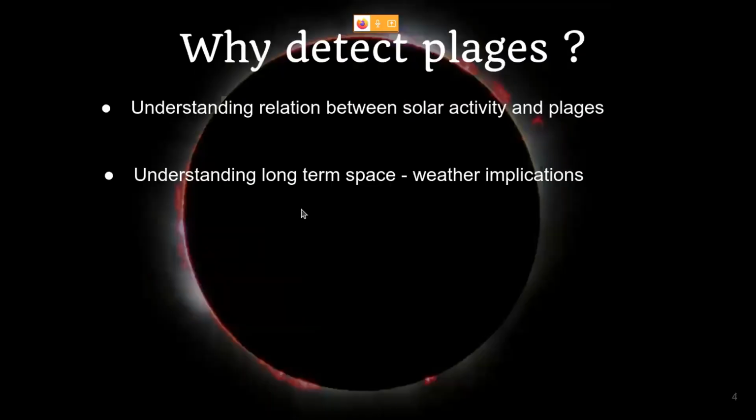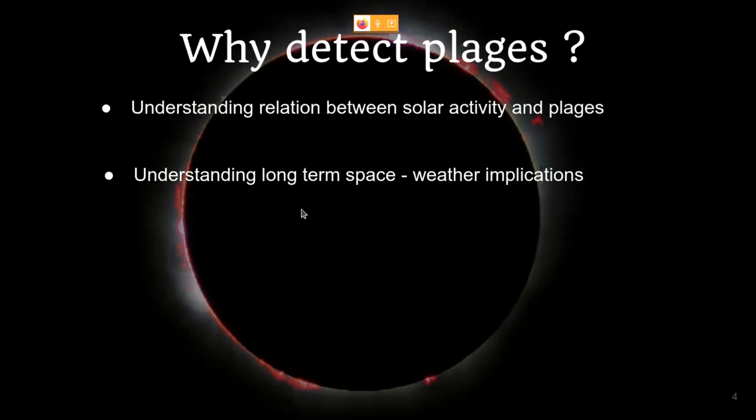Next, we can also extend it to long-term scales, I mean space weather and space climate. As Professor Durgesh already talked yesterday in his lecture about the 0.1% variation of solar irradiance, meaning the total energy output of the sun. As sunspots are relatively cooler and darker regions and plages are comparatively brighter than their surroundings, overall we can see a 0.1% total energy output variation.